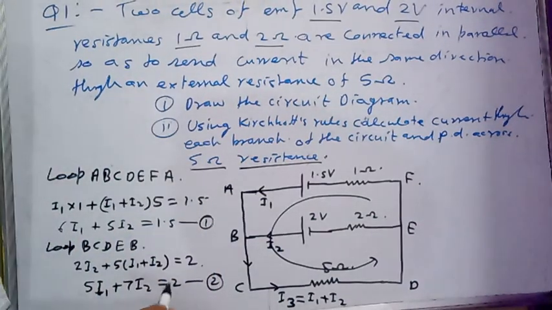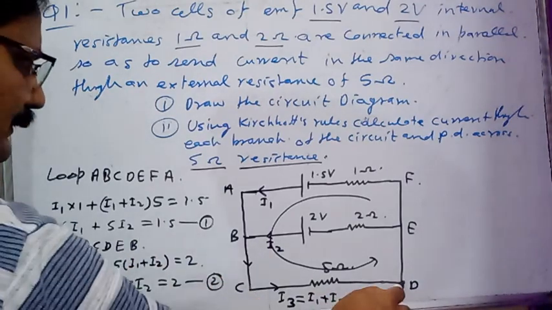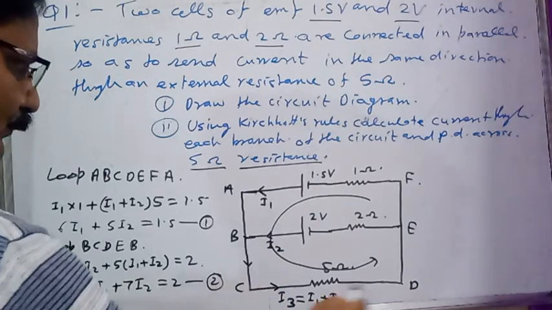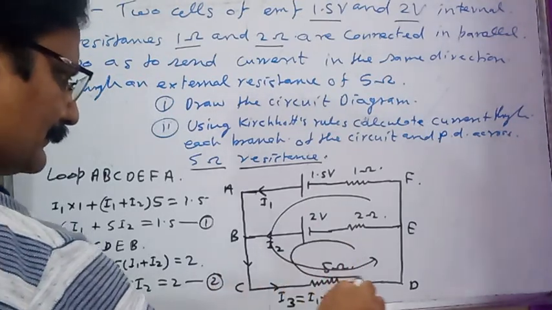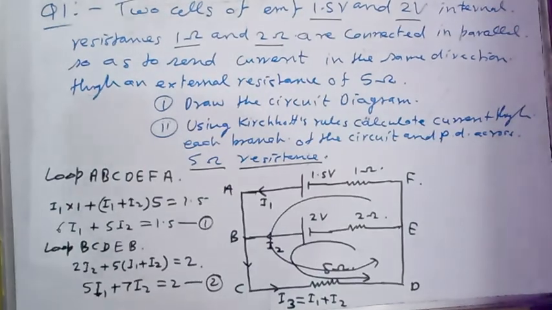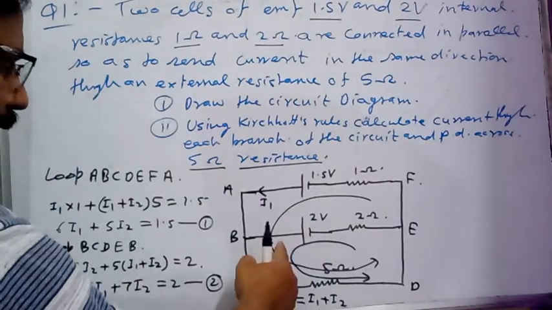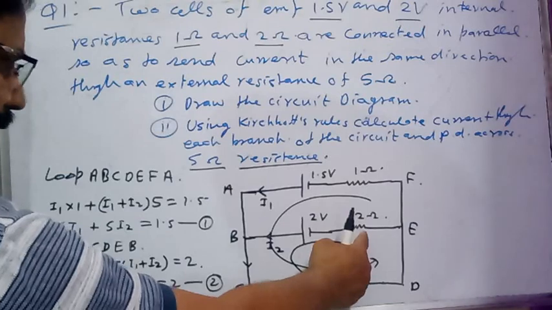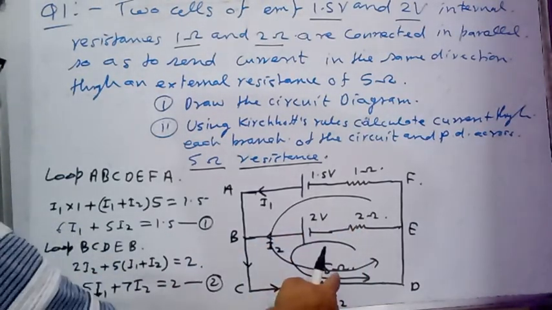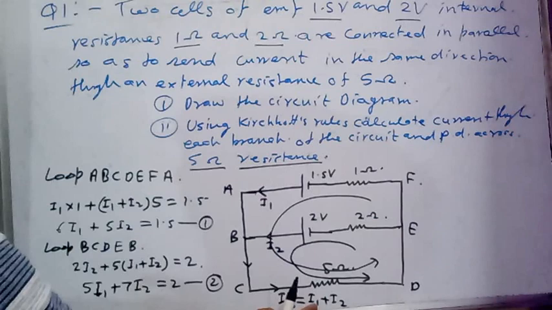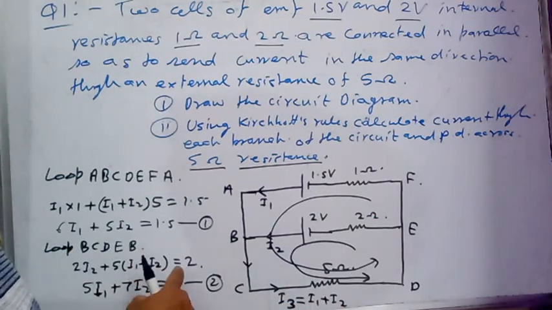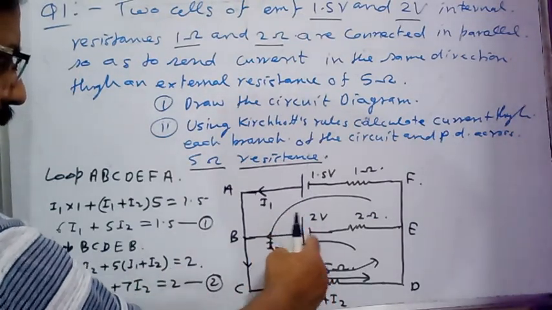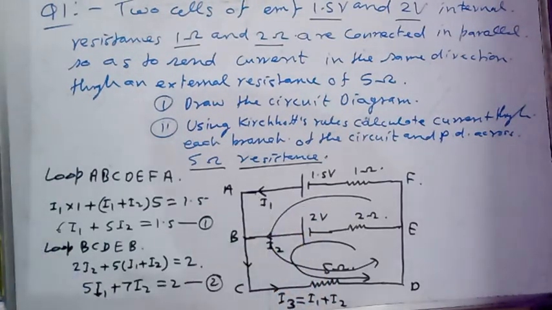If you consider the second closed loop, that is B, C, D, E, B, and again we are moving anti-clockwise, then I2 current is flowing through 2 ohm resistance, so we can write 2I2 plus 5 ohm resistance multiplied by I1 plus I2, that equals 2 volt EMF of this cell as we are moving from negative to positive. So the equation is going to be 5I1 plus 7I2 equals 2.